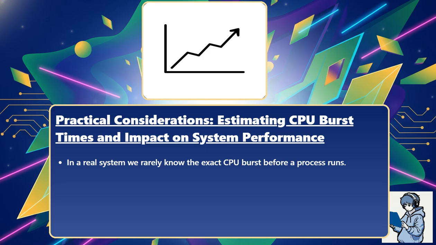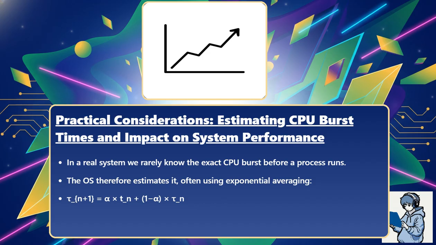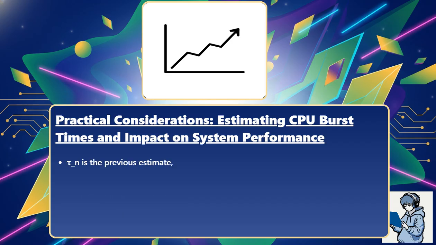In a real system, we rarely know the exact CPU burst before a process runs. The OS therefore estimates it, often using exponential averaging: tau sub n plus 1 equals alpha times t sub n plus (1 minus alpha) times tau sub n. t sub n is the actual length of the nth observed CPU burst. Tau sub n is the previous estimate.